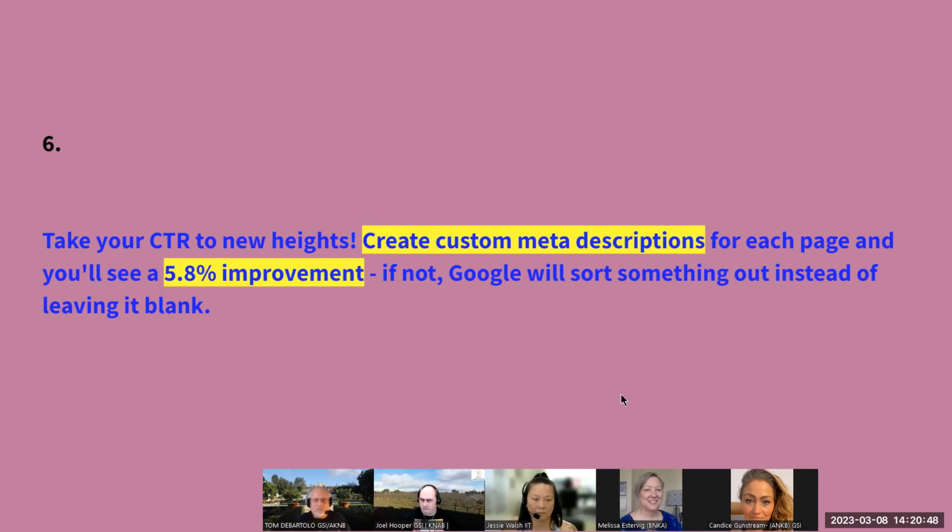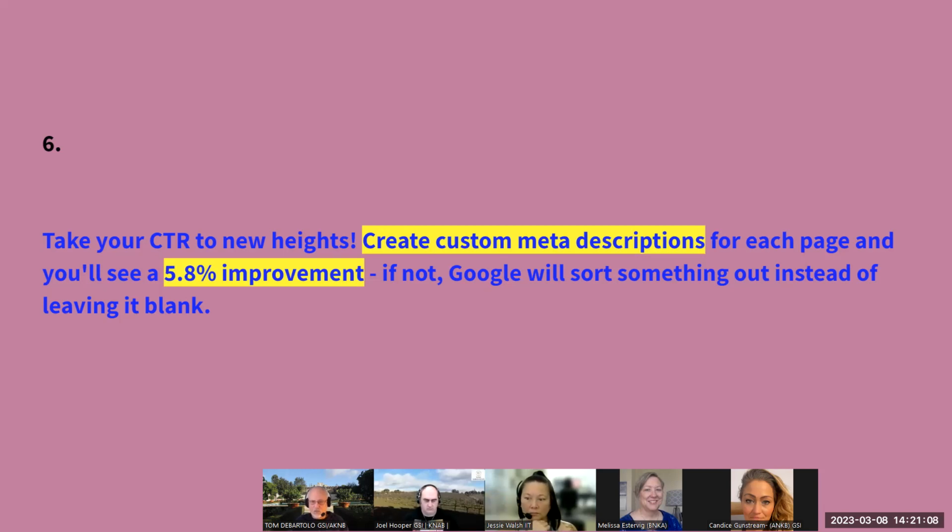Okay, number 6, take your CTR to new heights. Create custom meta descriptions for each page, and you'll see a 5.8% improvement. If not, Google will sort something out instead of leaving it blank. Well, this we do anyway. That's normal.